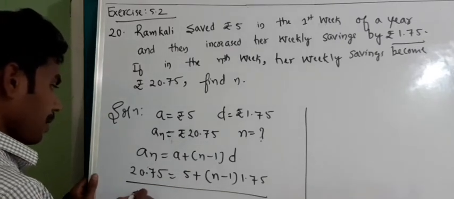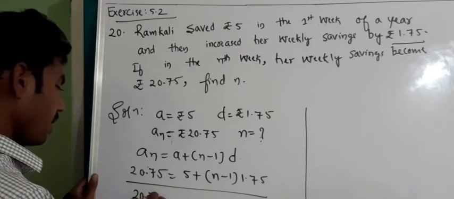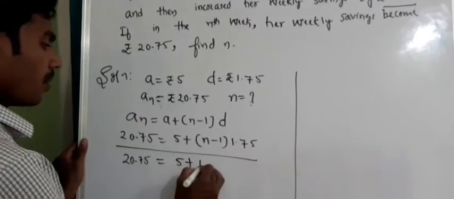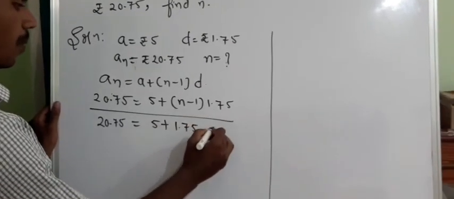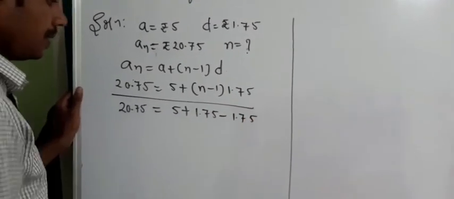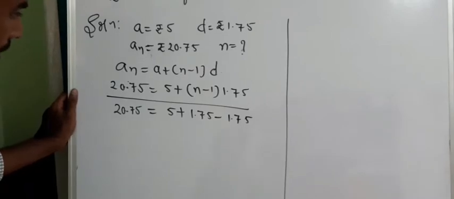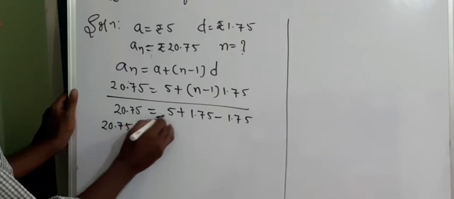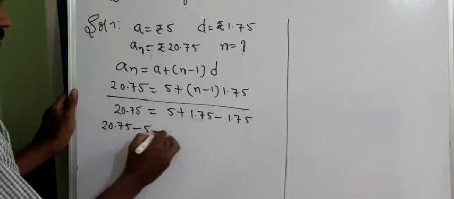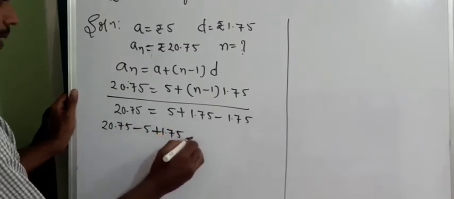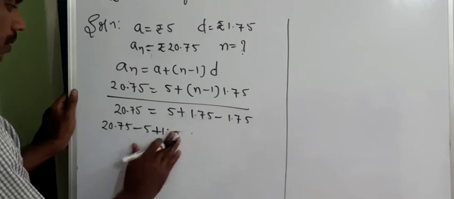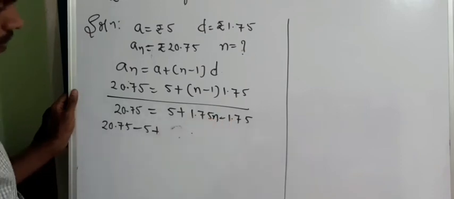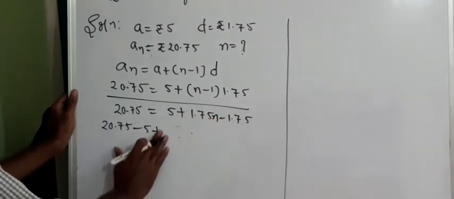20.75 is equal to 5 plus 1.75 n minus 1.75. Now, 20.75 minus 5 plus 1.75 is equal to 1.75 n.